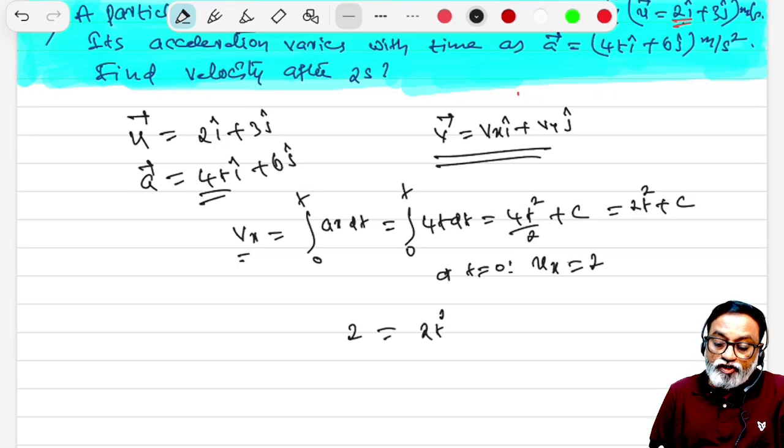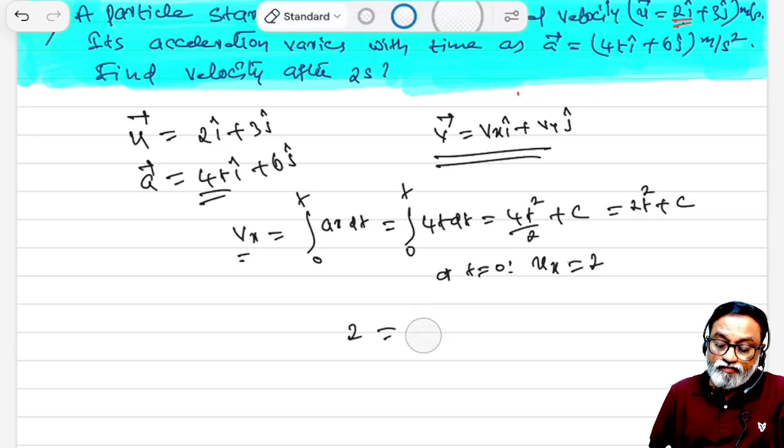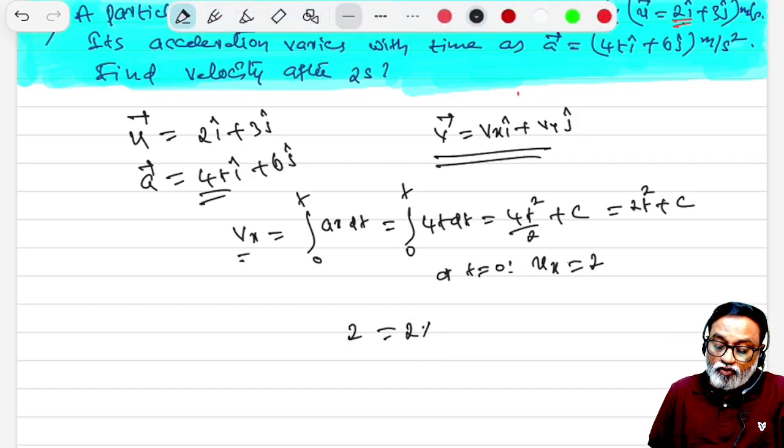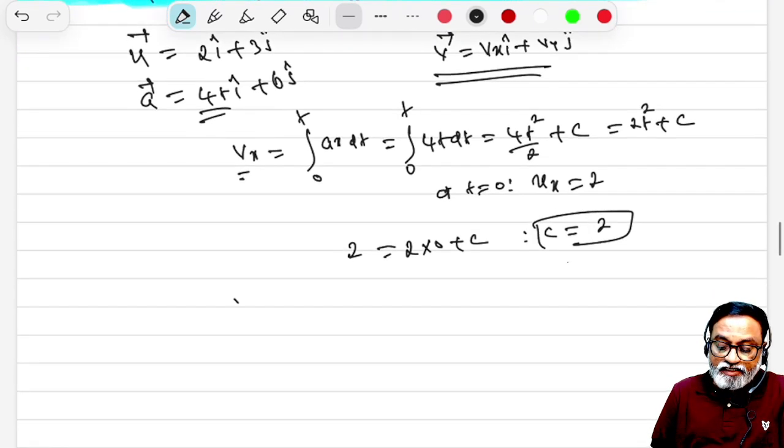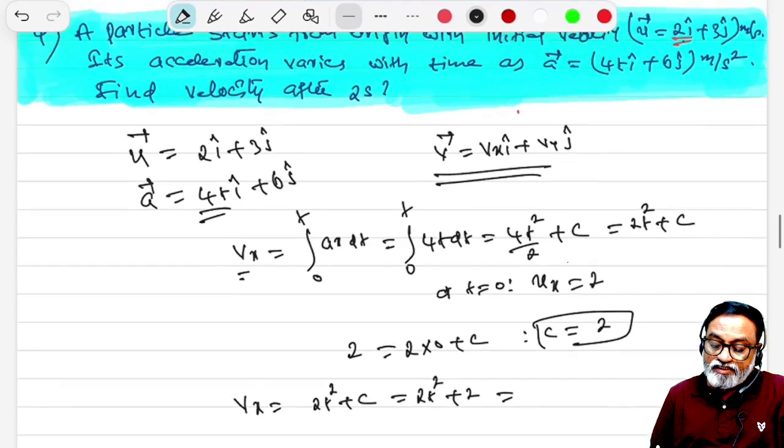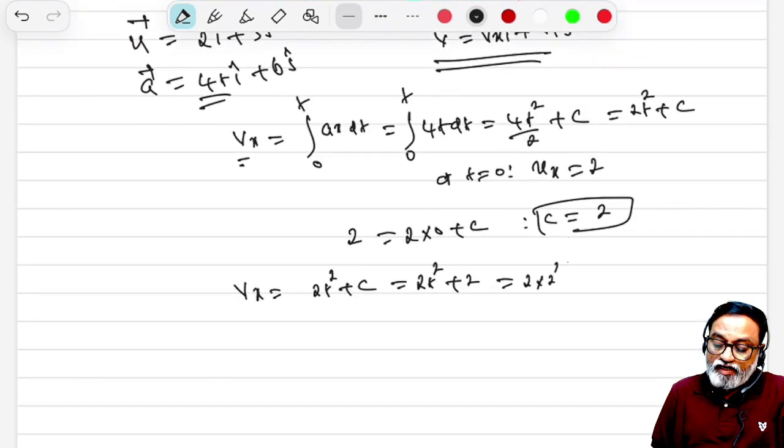Therefore, 2t square means times 0, so 2 into 0 plus c, therefore c is equal to 2. Then Vx is equal to 2t square plus 2, but time is given as 2 seconds. Therefore, 2 into 2 square plus 2, 2 square means 4, 4 into 2 is 8, 8 plus 2 is 10, 10 meter per second.